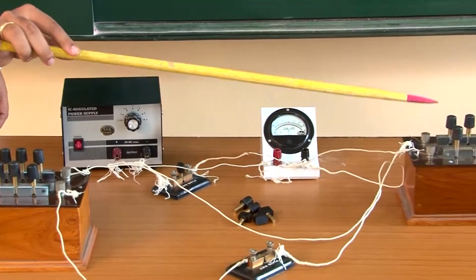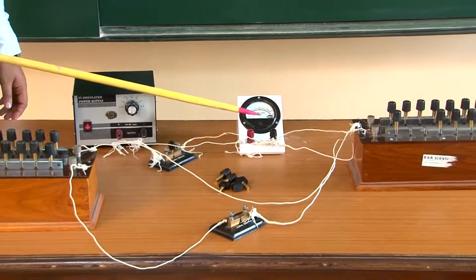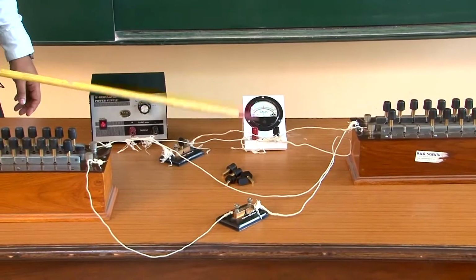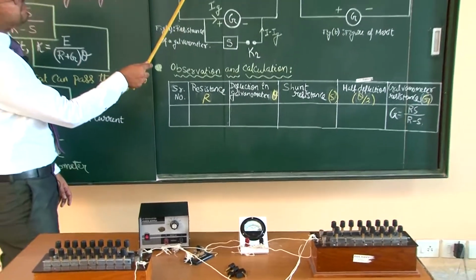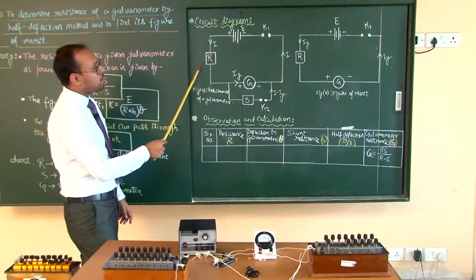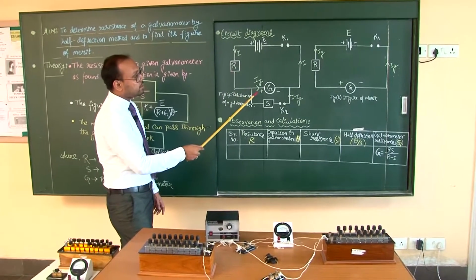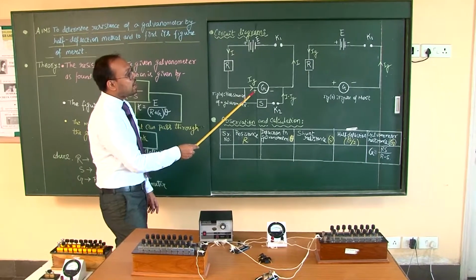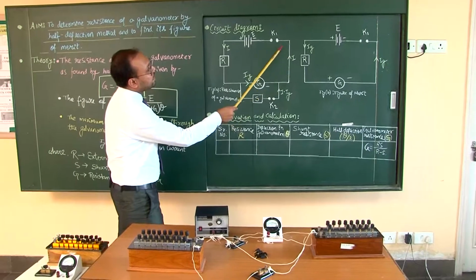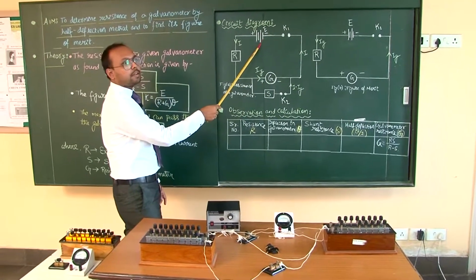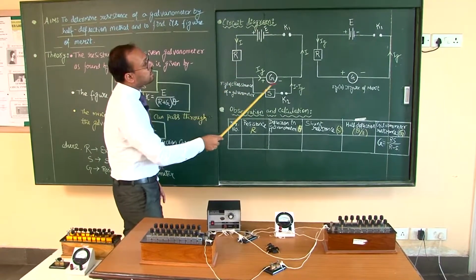The resistance box's other terminal is coming to the galvanometer positive terminal. In the circuit, from the battery we connect to the resistance box, and from the resistance box to the galvanometer positive terminal. Now, the negative terminal of the galvanometer goes through the key and comes back to the battery's negative terminal. A simple circuit, all the things are connected in series.